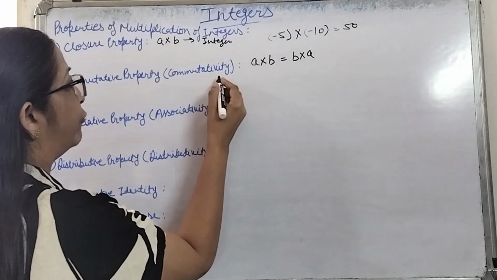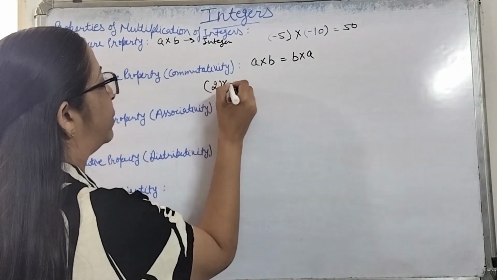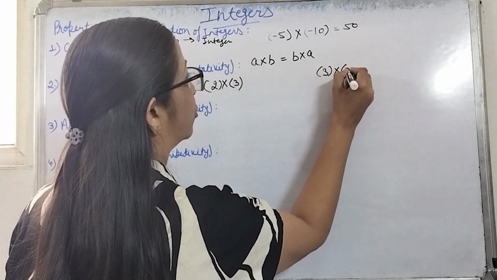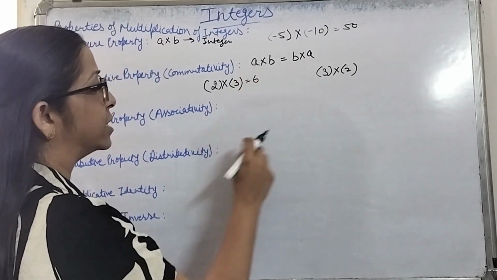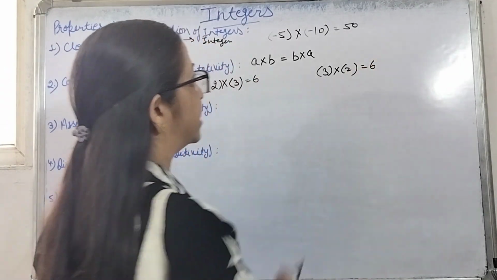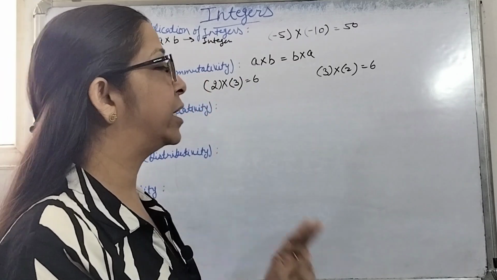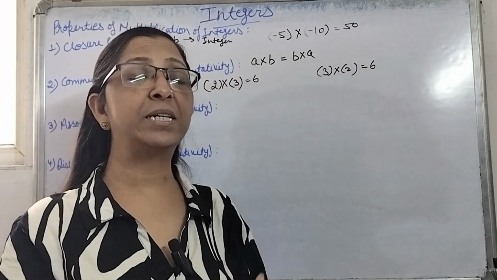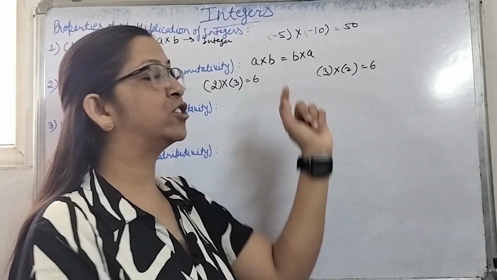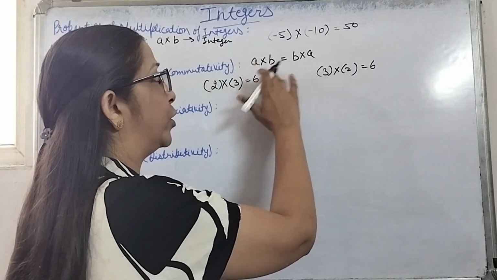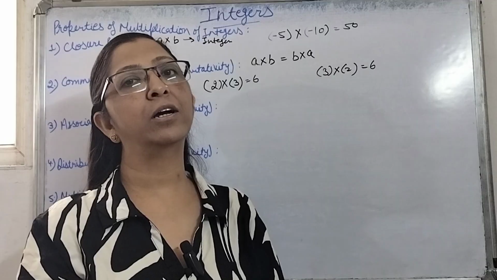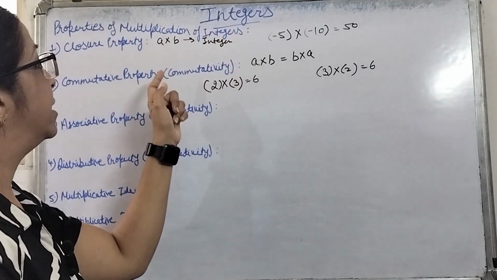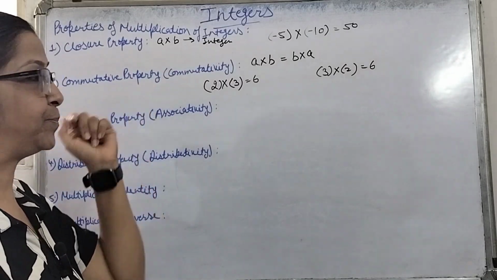Example: if we multiply 2 by 3, and if we multiply 3 by 2, here the product will be 6, and here also the product will remain 6. That means if we take any two integers and multiply them, the product will be the same even if we change their order. So we say that multiplication of integers satisfies the commutative property.